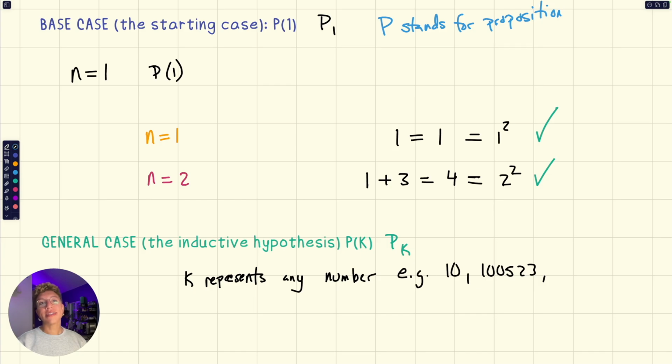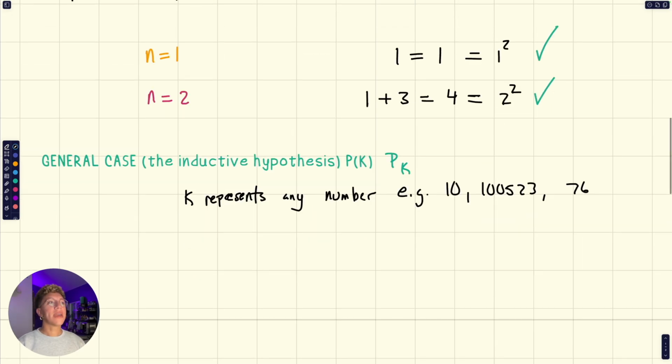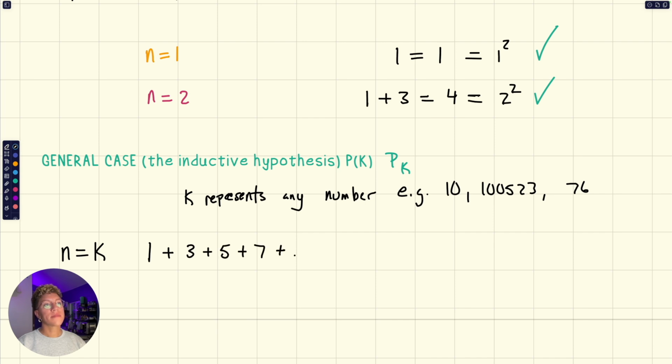It could be 76. So k is representing all of these numbers basically. And just like before, where we took 1 and plugged it in for n, here we're saying n is k. What would it look like if we're looking at the kth case? Well, starting with 1, adding all the odd numbers up to 2k minus 1 should be equal to k squared.